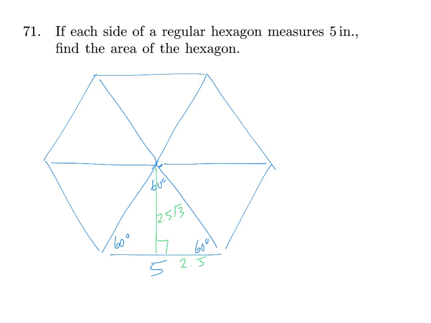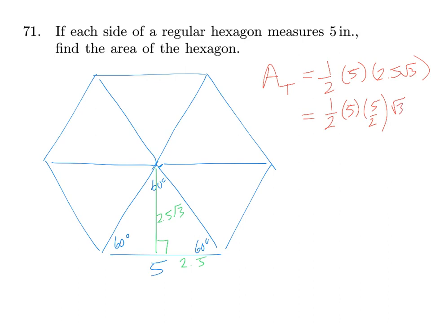So let's figure out the area of the triangle, which is equal to half the base of the triangle, 5, times the height, 2.5 square root of 3. We'll rewrite 2.5 as a fraction, so 5 over 2. If I multiply all these, I get 25 over 4.